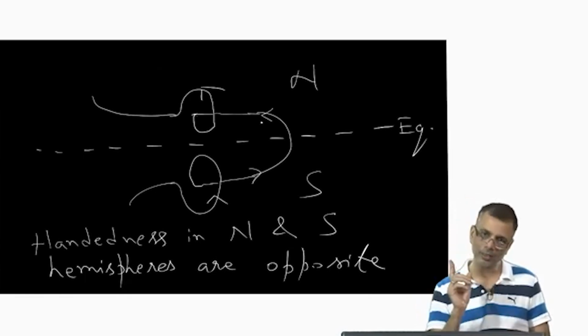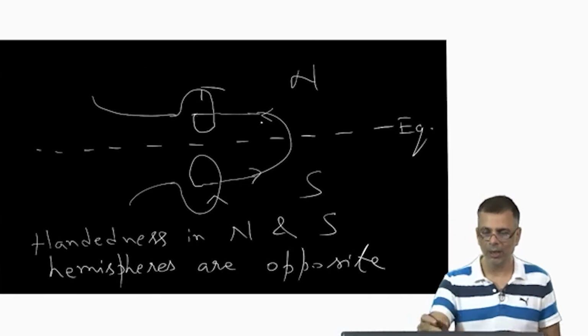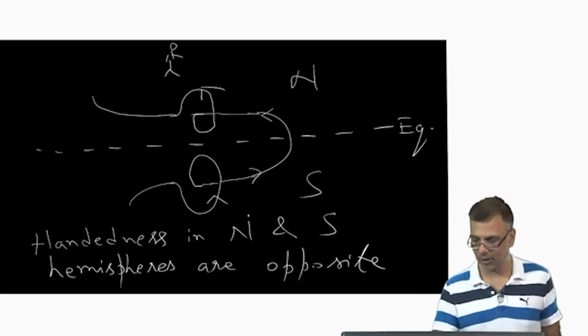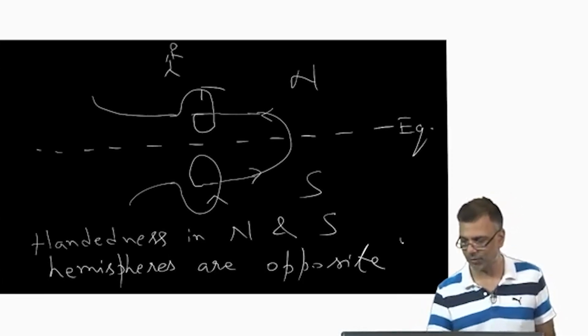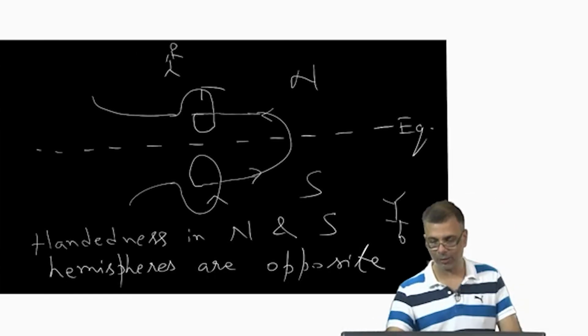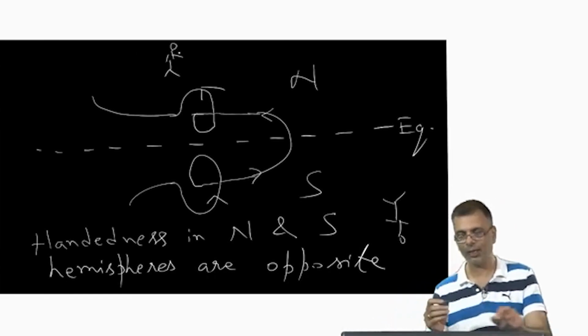The phi direction is the same, but a person standing on the north pole has their head pointing this way, and on the south pole, they have their head pointing in the opposite direction, like that. So the handedness is different.